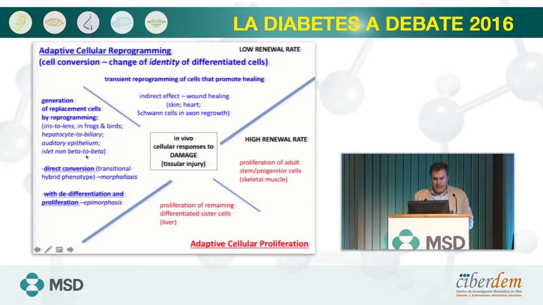And what we have seen in the pancreas of mice is that there is also this kind of phenomenon of islet non-beta to beta cell conversion. This reprogramming may happen through two different mechanisms, which are well described in the animal kingdom. One is the so-called direct conversion, whereby you have the formation of transitional cells with a hybrid phenotype.